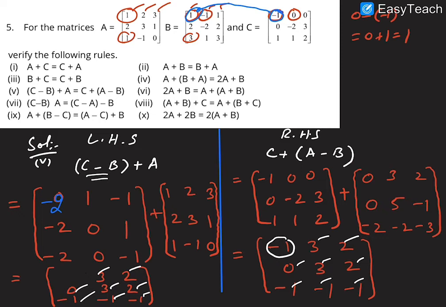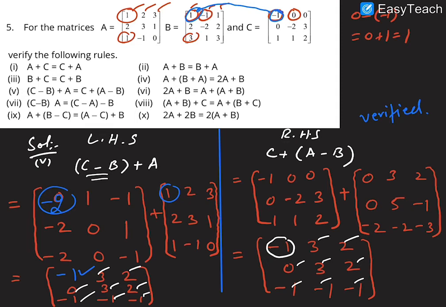So it will be minus 1. Minus 2 plus 1 will be minus 1. So now both matrices are same. So like this you need to check your answer properly. So now we can say left hand side equals right hand side. So verified.